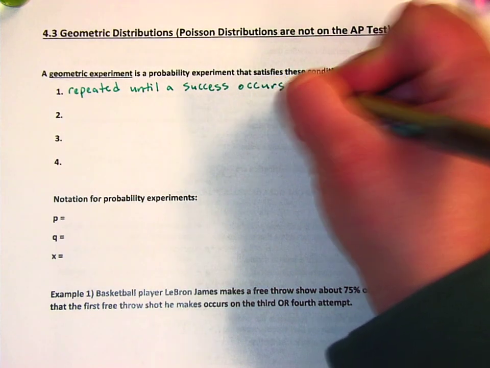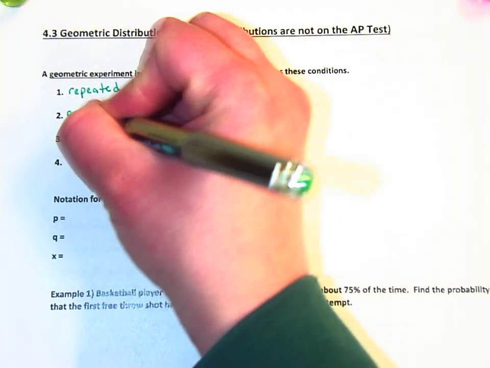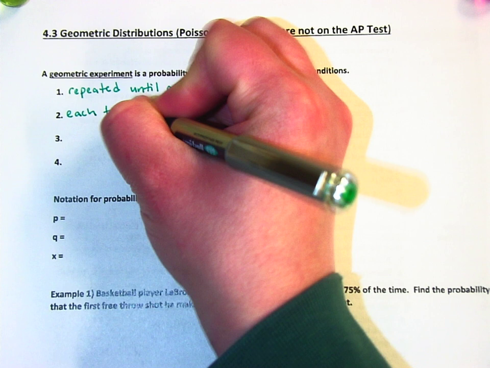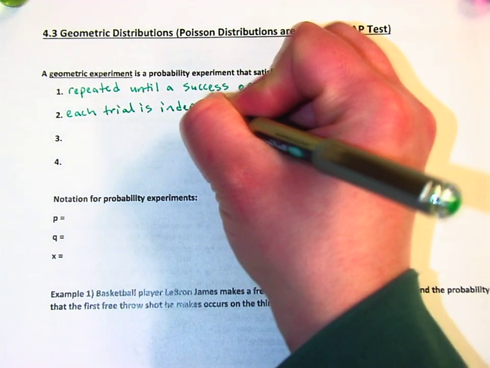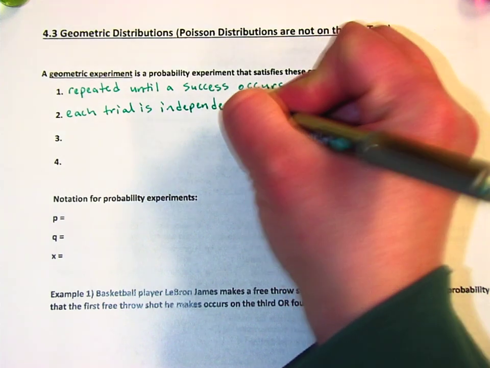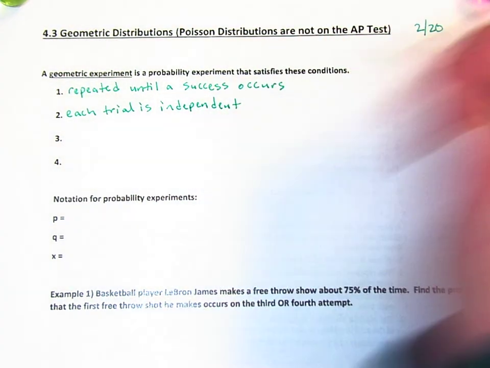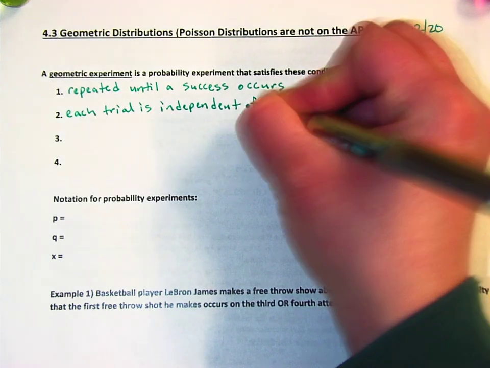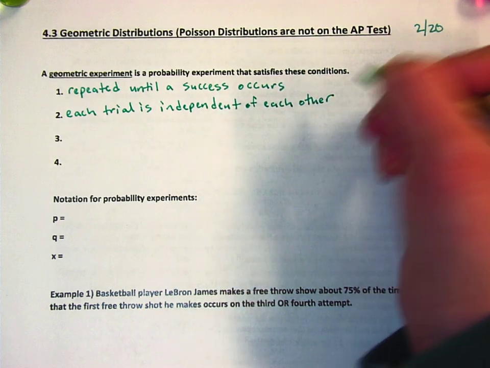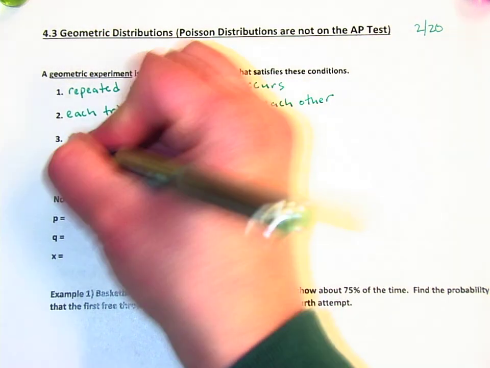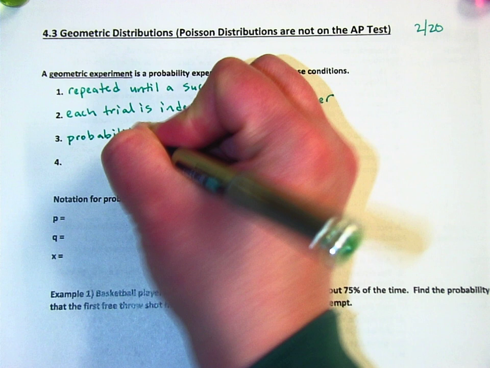You just go until your first success. Each trial is independent of each other. The probability of success is the same for each trial.